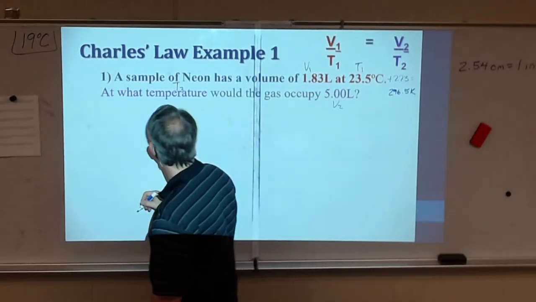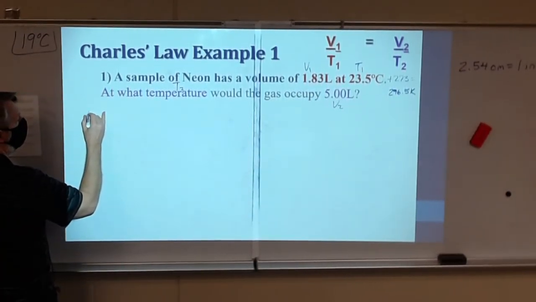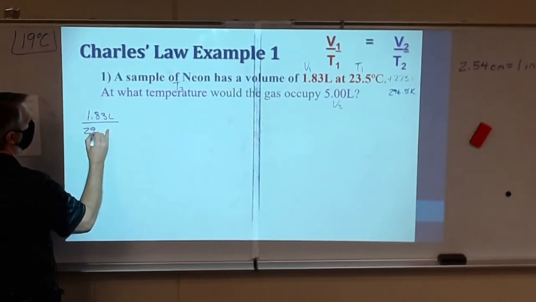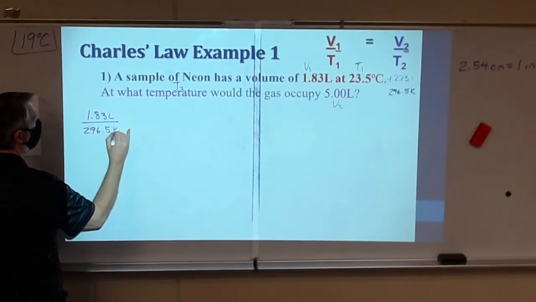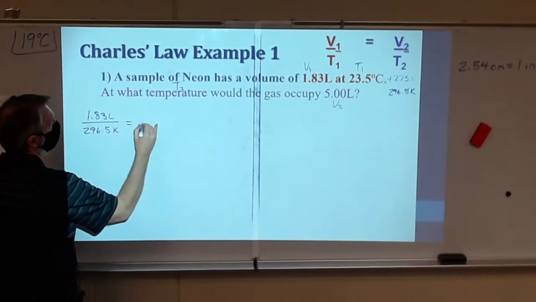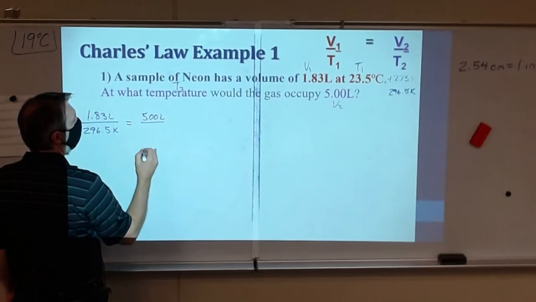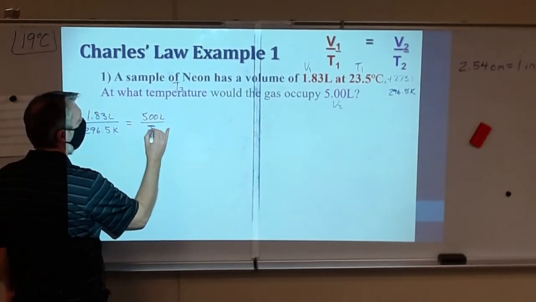Let's come over here and we're going to write this. V1, 1.83 liters over 296.5 Kelvin equals 5.00 liters over T2.